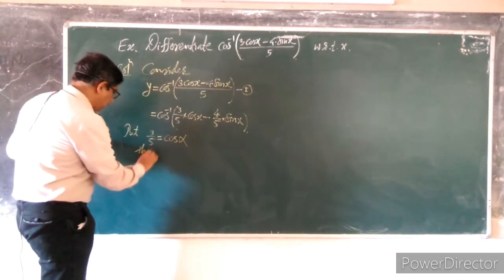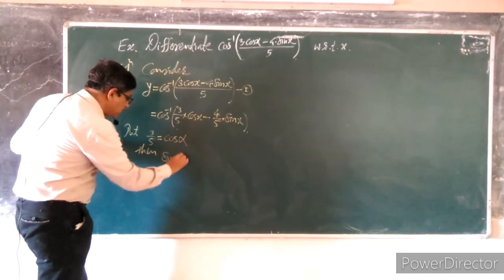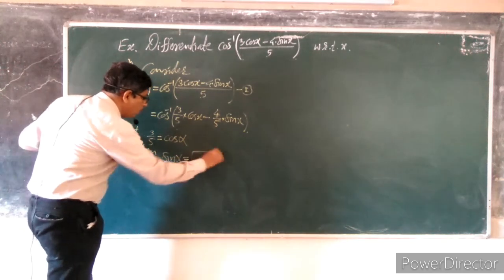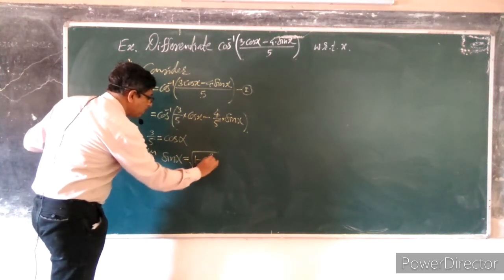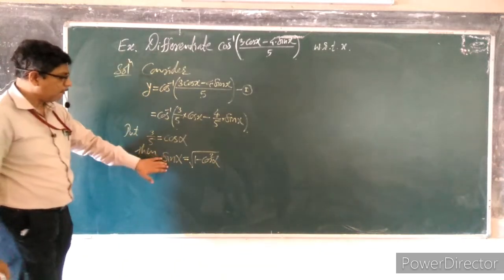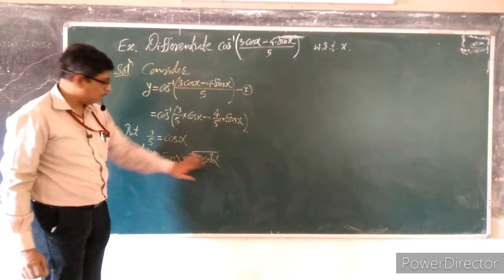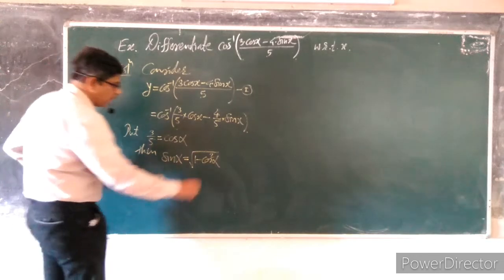Then we have sin alpha is equal to root of 1 minus cos square alpha. As we have the identity, sin square alpha is equal to 1 minus cos square alpha. So sin alpha is equal to root of 1 minus cos square alpha.